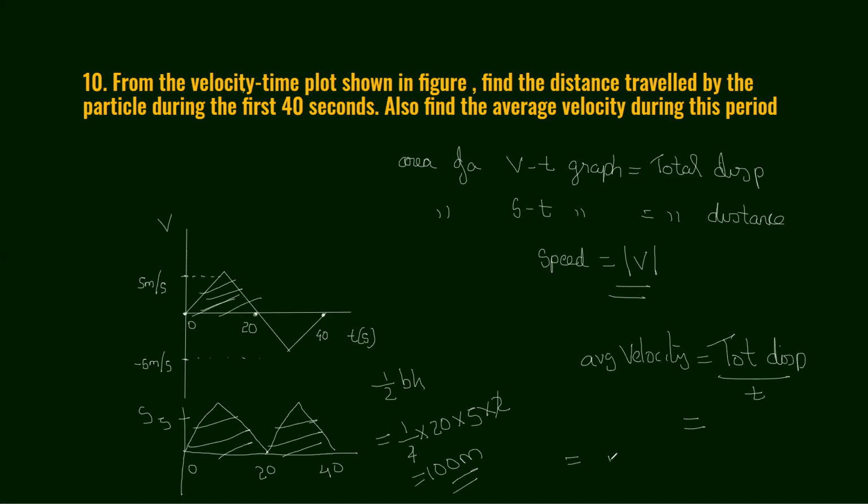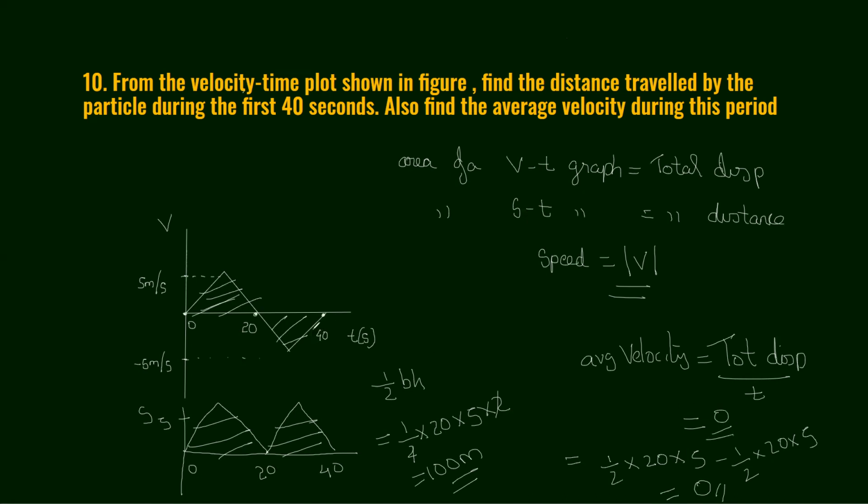It's half into base 20 into 5. Then what's the area of this portion? That is negative, that is minus half into base 20 into 5. That means the net displacement is 0. Okay, that means average velocity is 0.